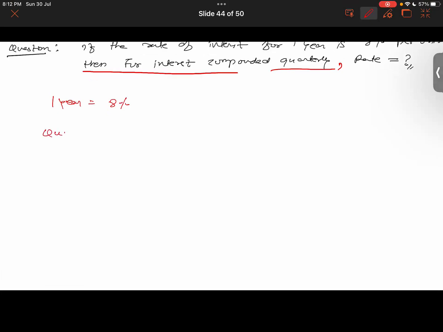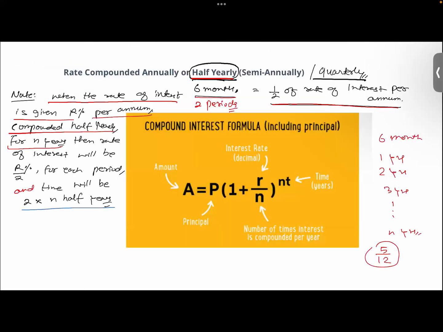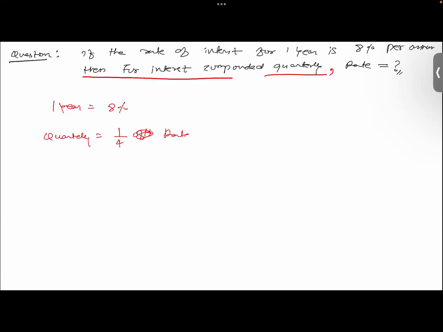For quarterly, it will be 1/4 of the rate. Remember we calculated it, it was R upon 4%. So it will be 8% upon 4, that is 2%.